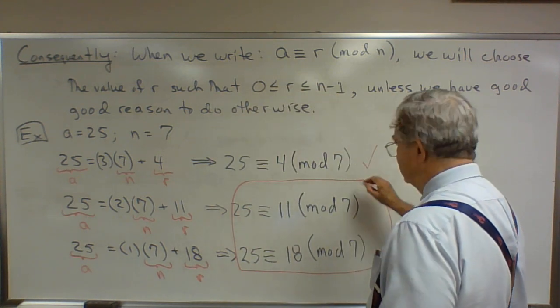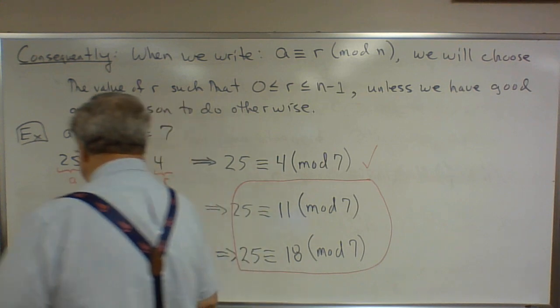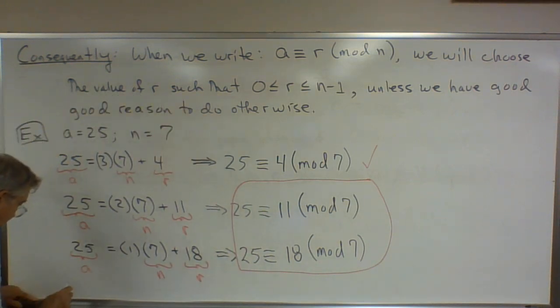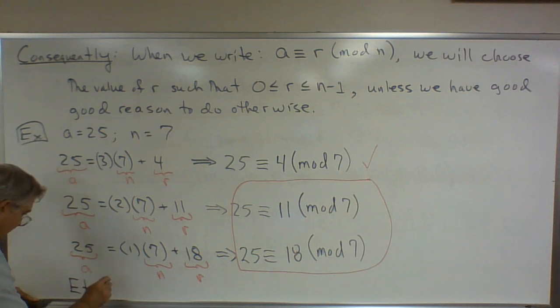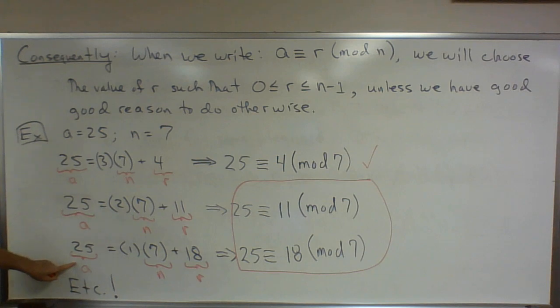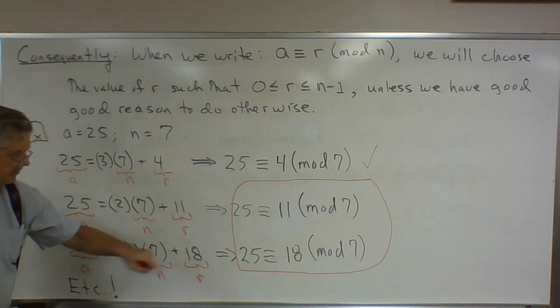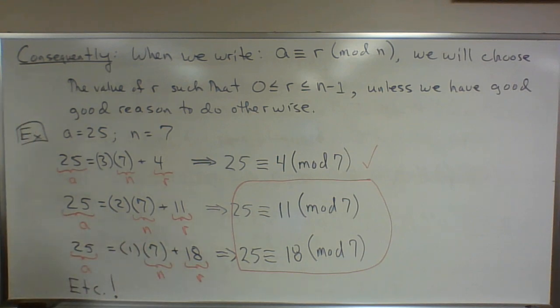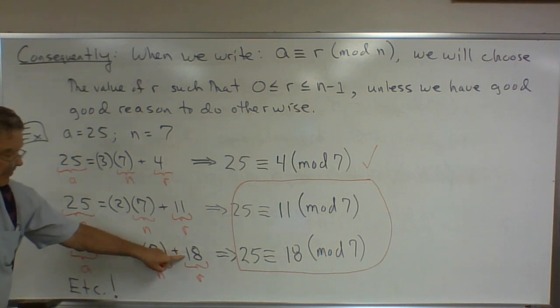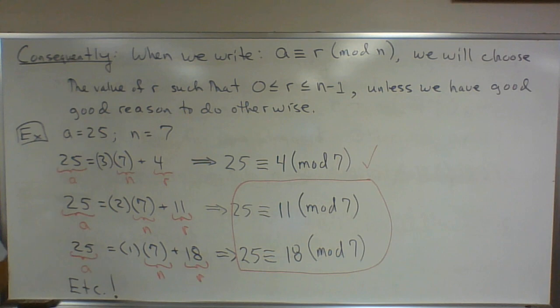And this can go on indefinitely. We could have 25 is equal to 0 times 7 plus 25, or we could have 25 as negative 1 times 7 plus 32, and so forth.